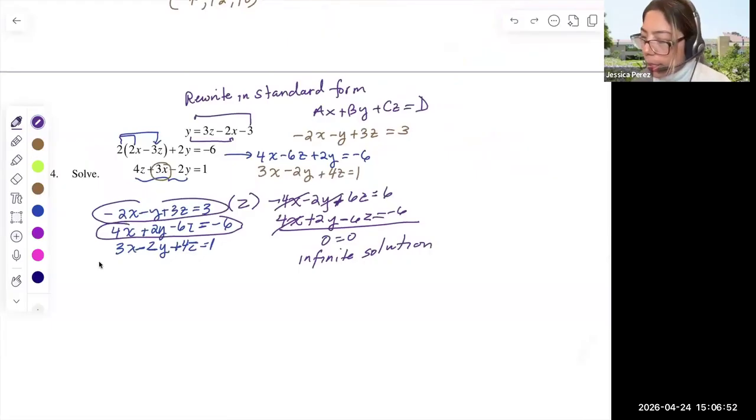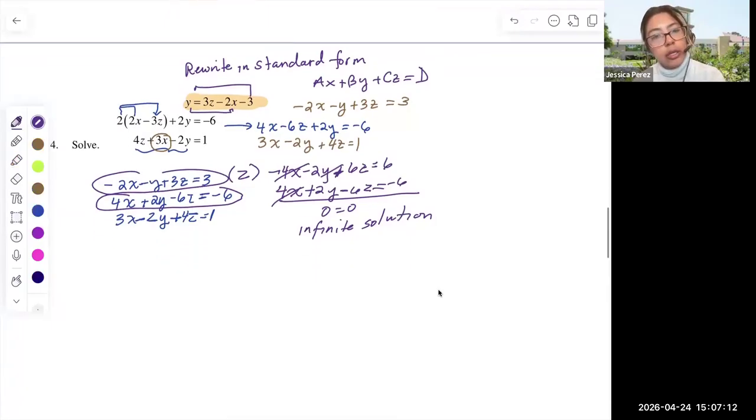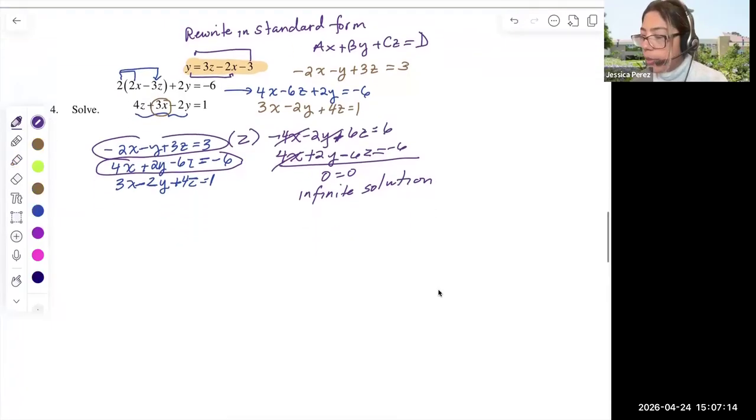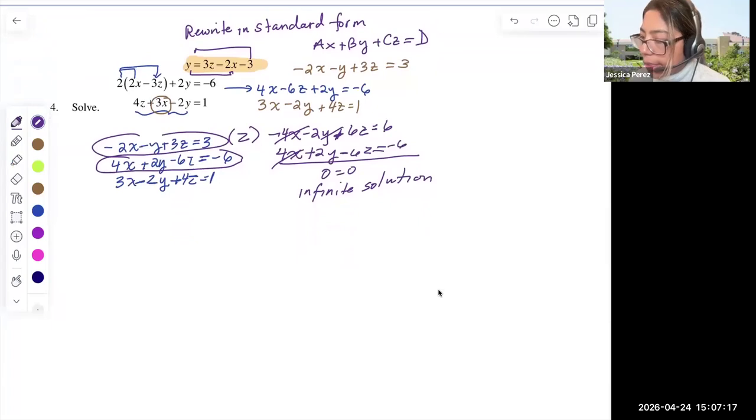Now, notice that one of the variables, y, is already kind of solved for in terms of two variables. We want to have it in one variable. So to find the general solution, I'm going to add equation 1 and equation 3. So notice equation 1, which is negative 2x minus y plus 3z equal 3.